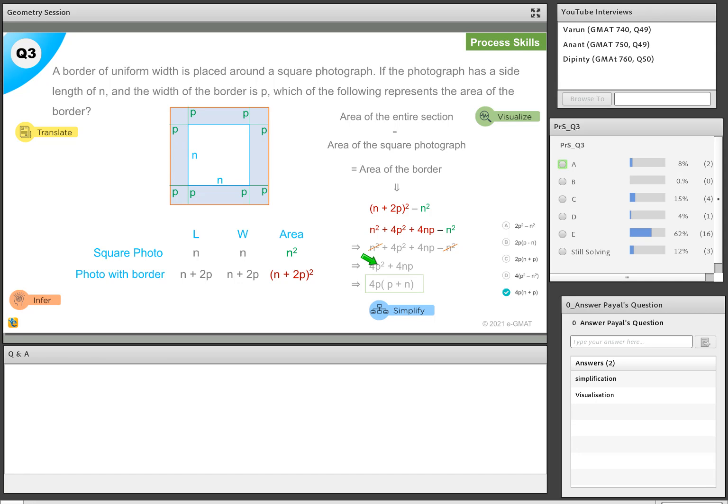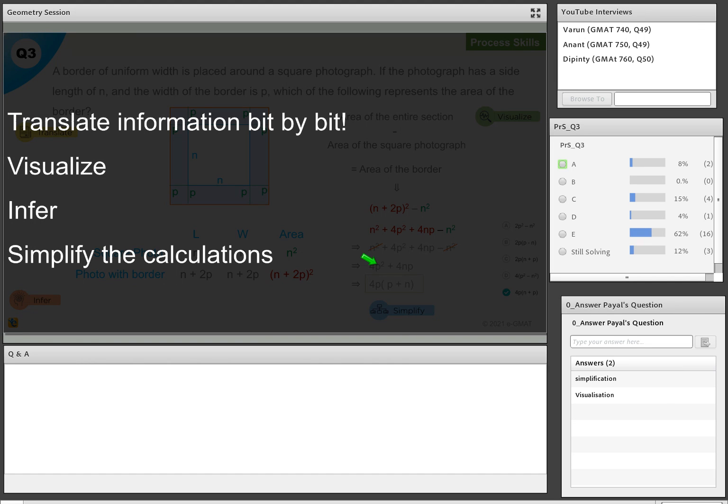There are certain process skills like simplification in this case that you need to build as a process skill itself, regardless of the context. Again, quant basics and algebra module 1 will help you with that. Okay, so very important to understand that. So again, translate information bit by bit, visualize, infer, simplify the calculations.